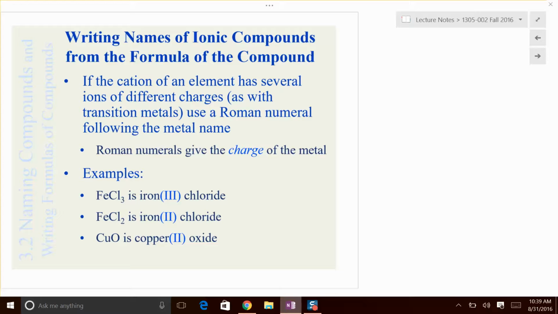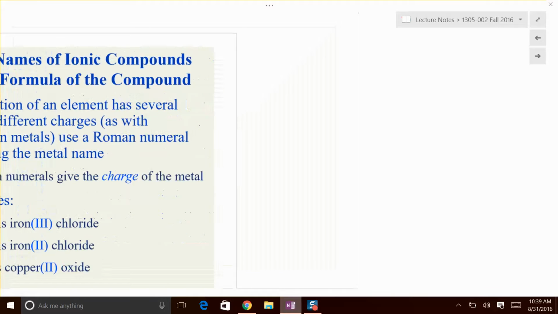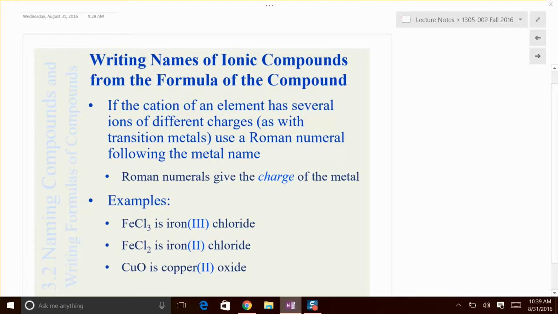So if I give you a compound, it's ionic, so I don't tell you how many of everything I have. If I give you the formula and you want to name it, how are you going to name this one differently from this one if they both have iron and chlorine?